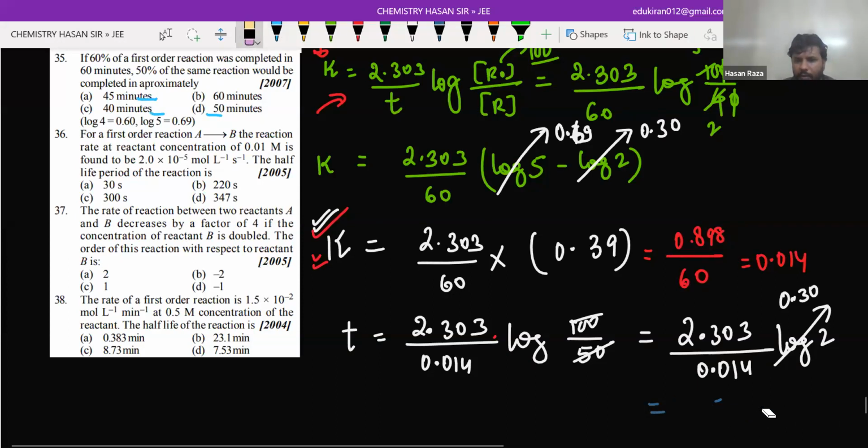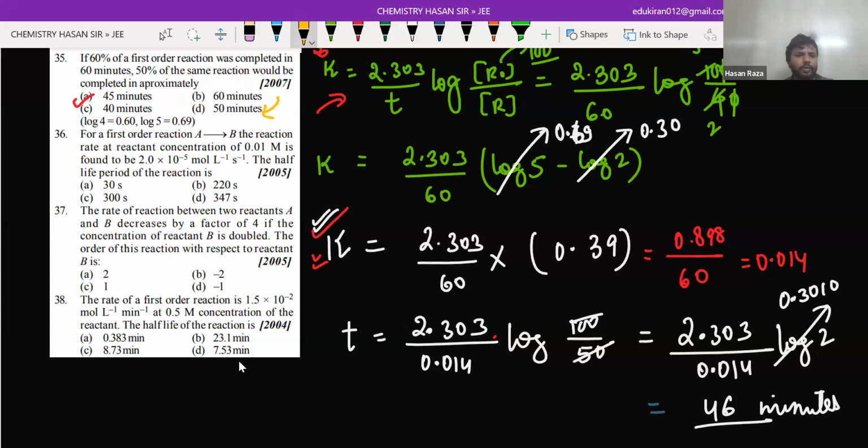I just realized my mistake. You have to take the value exactly. So it will be around 46 or something minutes, so it is basically 45 minutes. Actually, I took an approximation. That's why the answer was 45 minutes. So you need to be very precise when the options are near to each other.